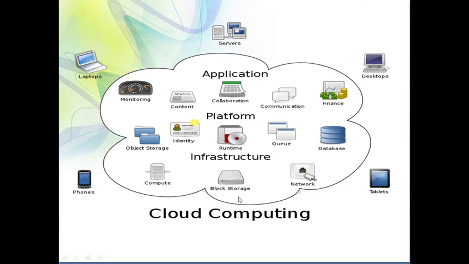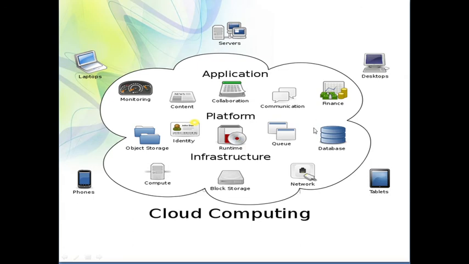Under the infrastructure, you can see the different computer systems, storage, the network, whatever physical things are available; that infrastructure will be provided as a service in the cloud. Not only that, but the platform, let us say the database, runtimes, and object storage. These are all the platforms which are available.